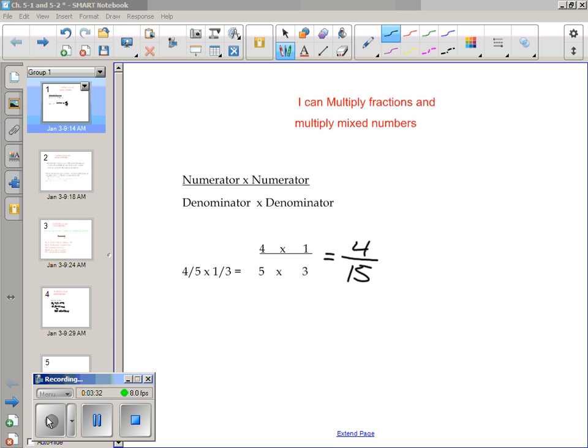All right, so the question was, why did our answer get smaller? In fact, watch. If I took, what's 1 times any number? That number, right? So 1 times 1/3 is 1/3. And if I wanted to figure out, is 1/3 bigger than 4/15, or is it smaller?